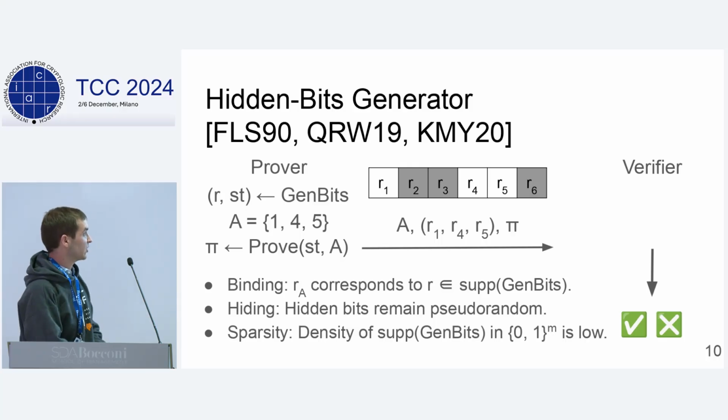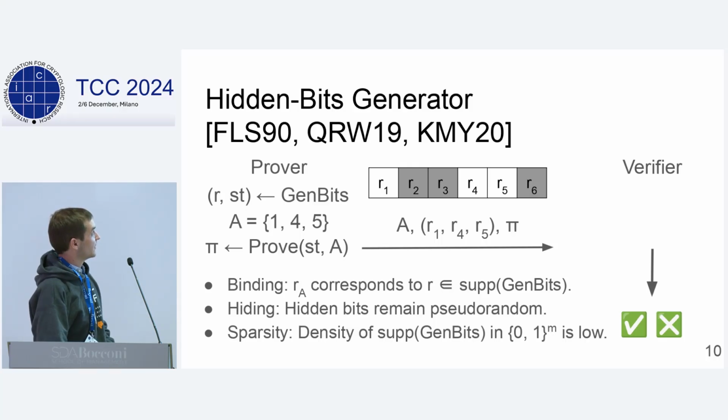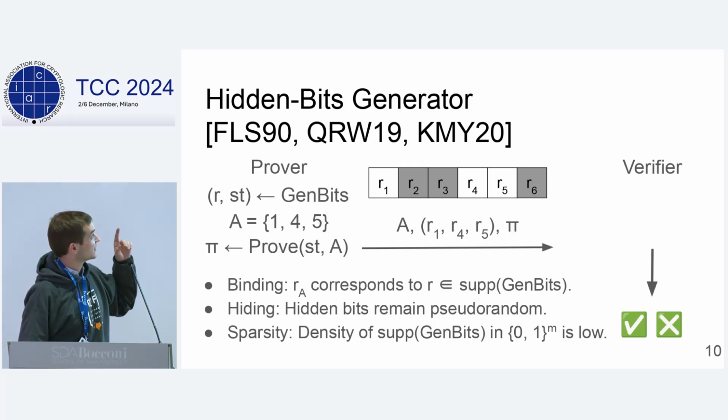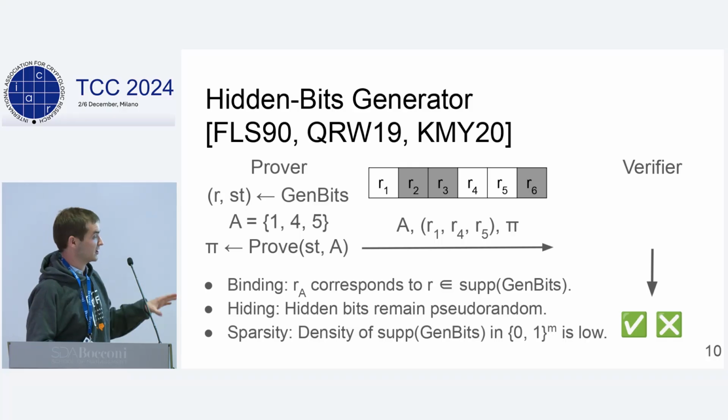And we also want sparsity, which is a property that's not in the Kitagawa et al. description of the hidden bits generator. This is not actually something that was introduced with the hidden bits generator, but in the Quach et al. paper in 2019.